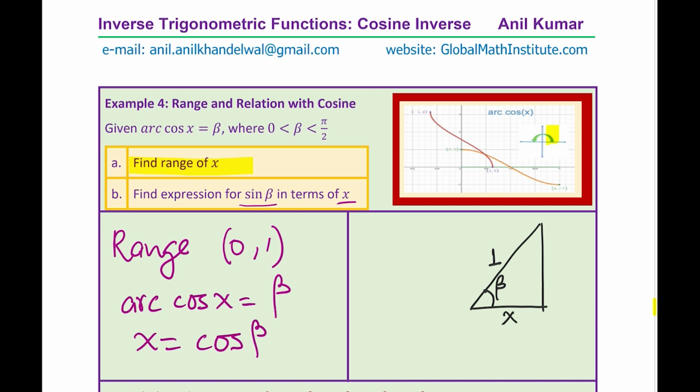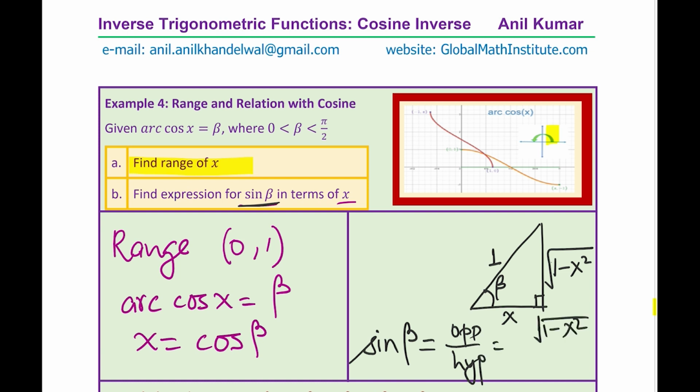So what is going to be the opposite side in this right angle triangle? Well, clearly it is going to be the square root of 1 minus x squared. And now you can write down what sine beta is. Sine beta equals opposite over hypotenuse, and that gives us the square root of 1 minus x squared over 1, which is the square root of 1 minus x squared. It has to be positive since we are talking about quadrant 1. Is that clear to you? That is how we are going to solve this question.